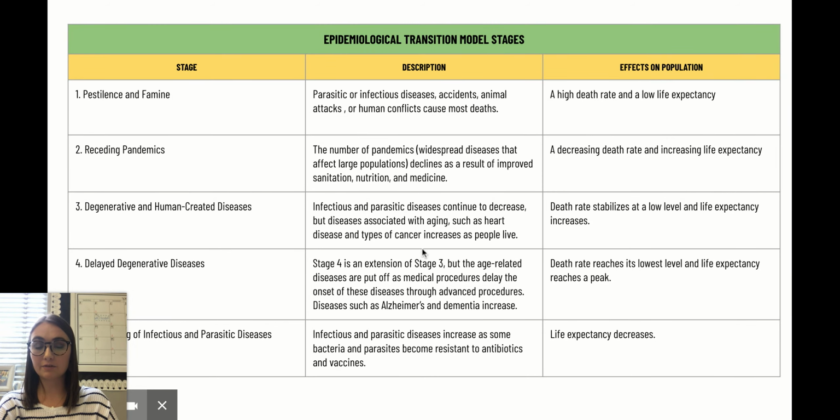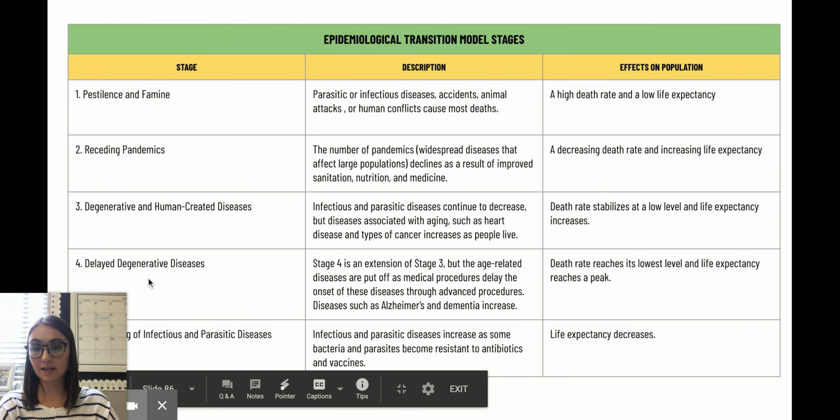And so these kind of things are what is killing people. I can't tell you for the last how many years the number one killer in the United States has been a heart attack, especially for males. And that's just because people begin living longer. So the death rate stabilizes at a low level and life expectancy even continues to increase.